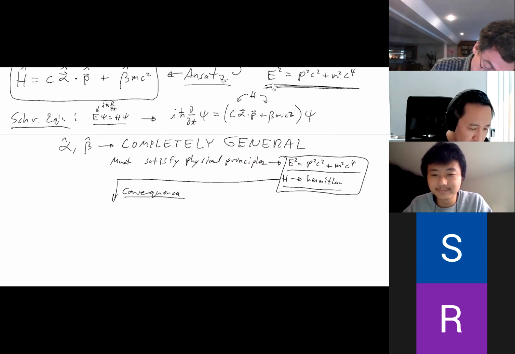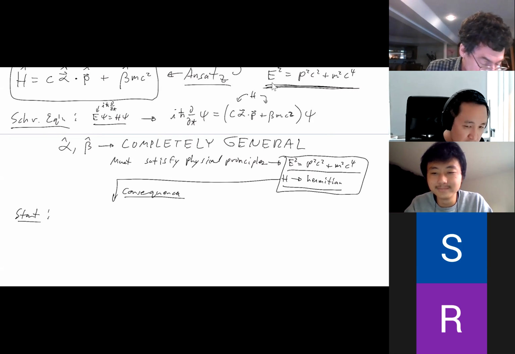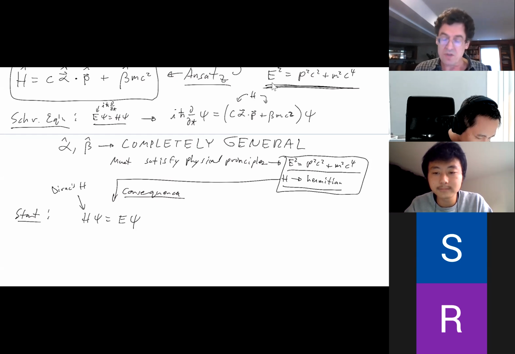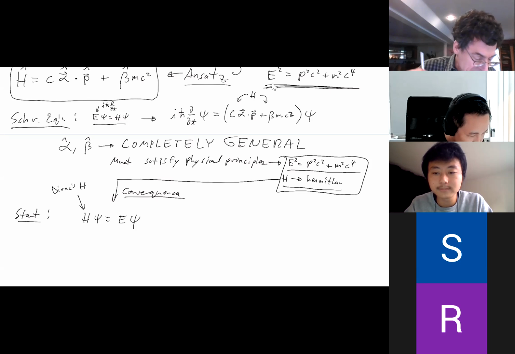So let's start here. Start with H psi equals E psi, okay? Where this is going to be Dirac's Hamiltonian, his new Hamiltonian, and let's hit it again.